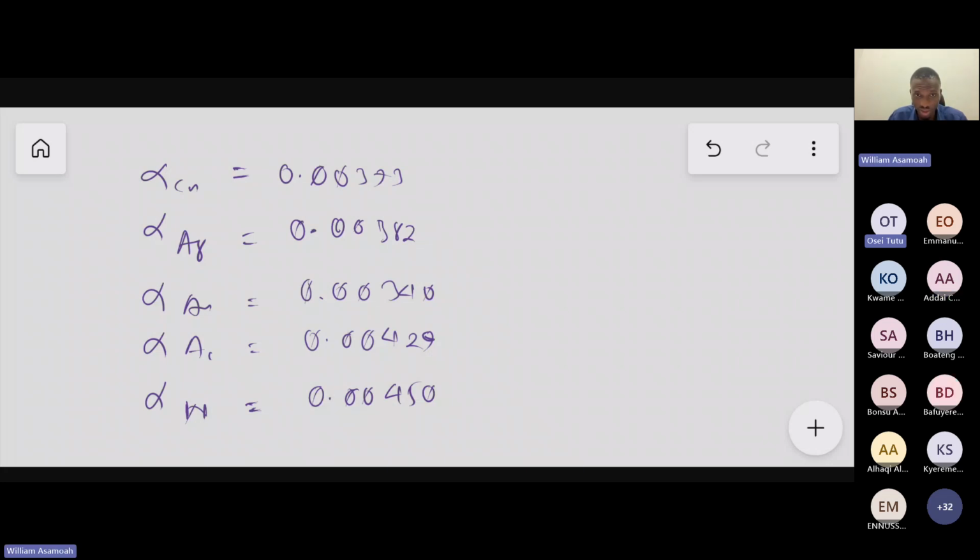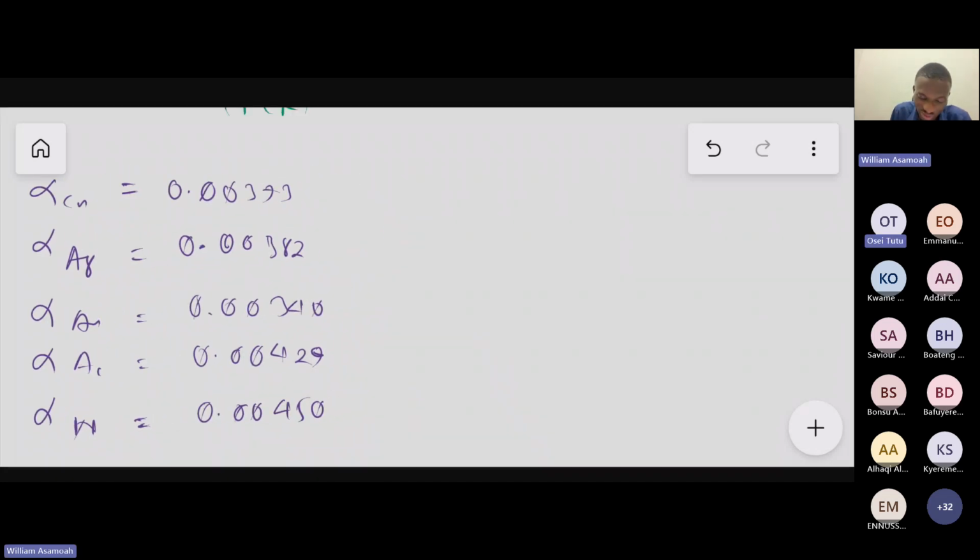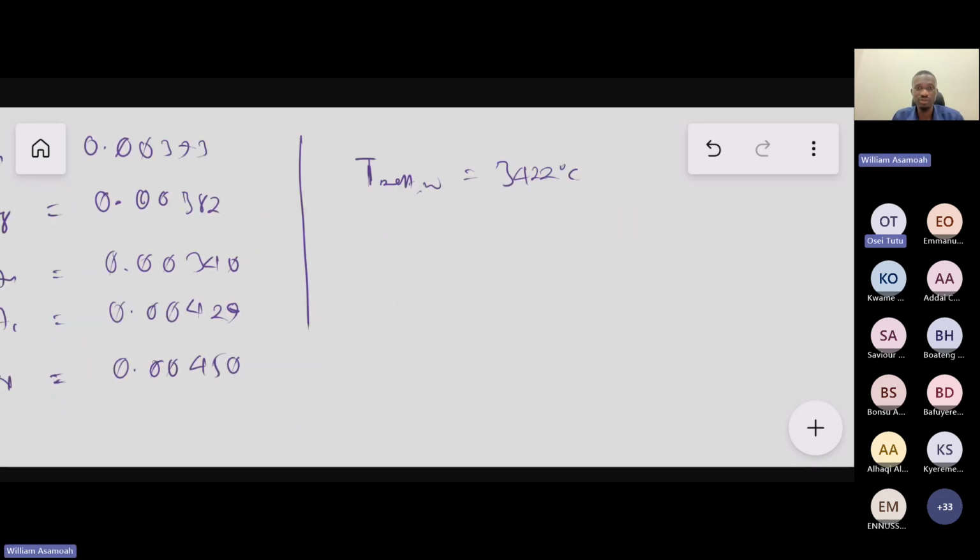And what's the highest melting point of tungsten? Who remembers? Tungsten melts at 3,422 degrees Celsius. Very, very high. It takes a lot of heat to melt it.